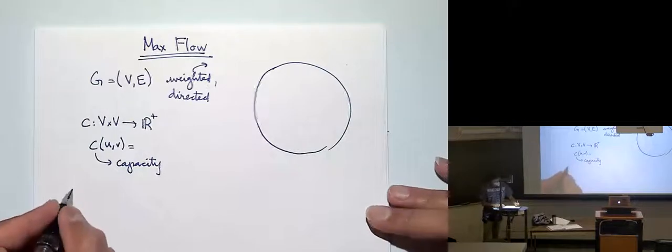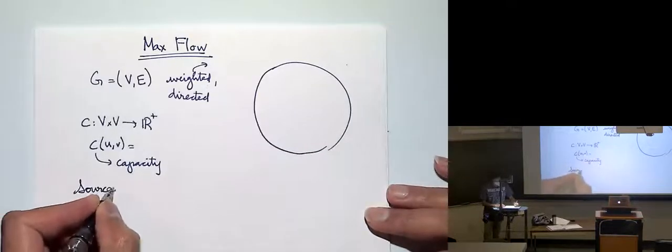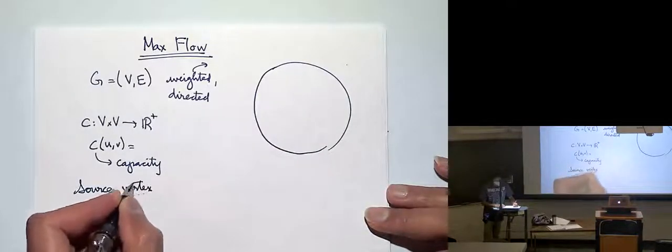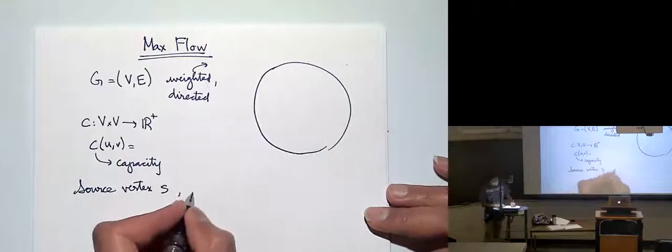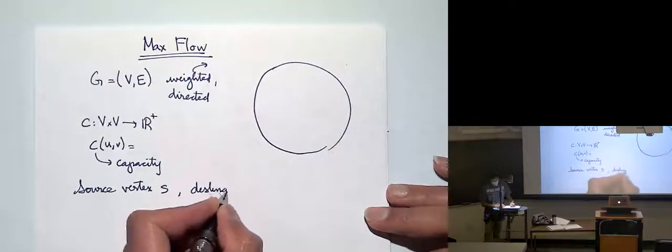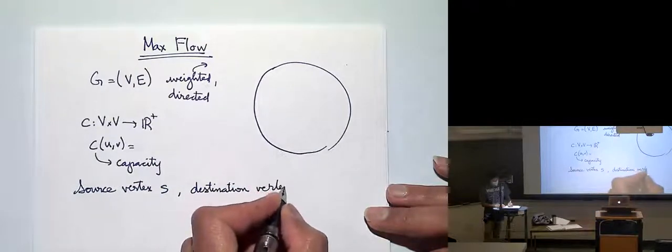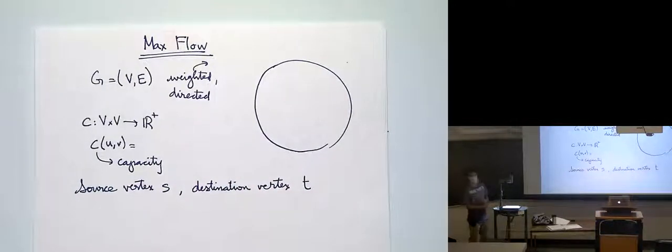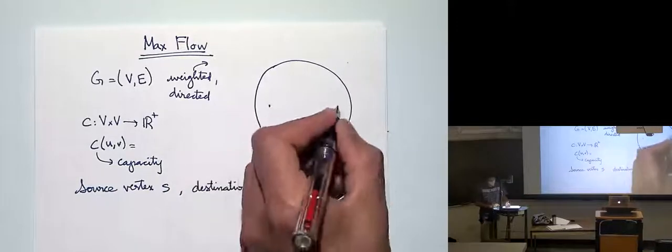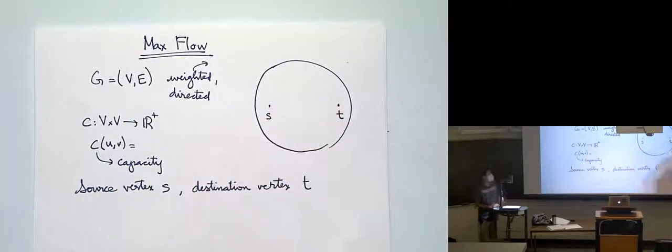And we have a source vertex S and a destination vertex T. So there's S and T.